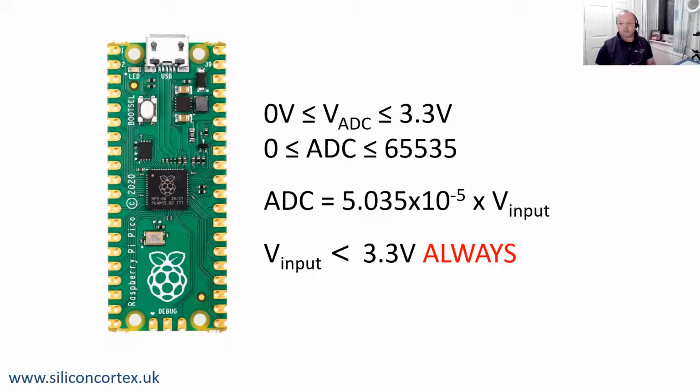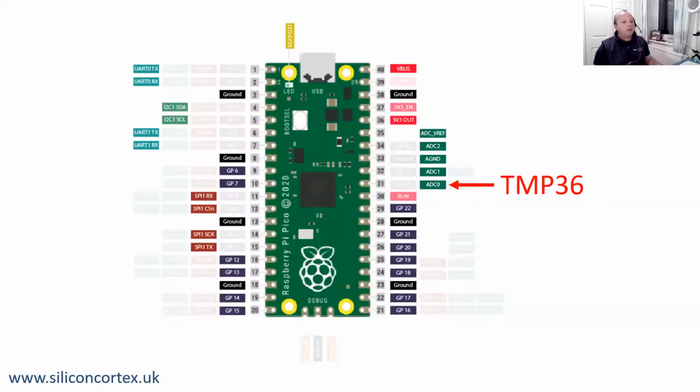So I think that's pretty easy. Right, okay, so bear that in mind. So that's what I've got hooked up, and on the next slide here, we're going to connect our pin from the TMP36 into ADC 0.